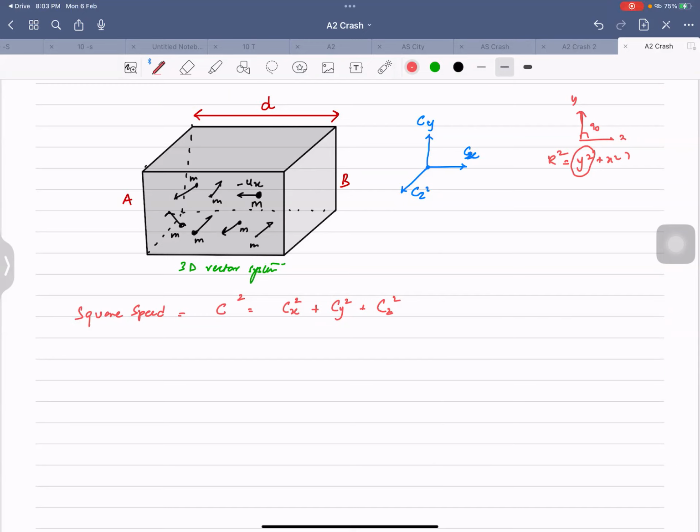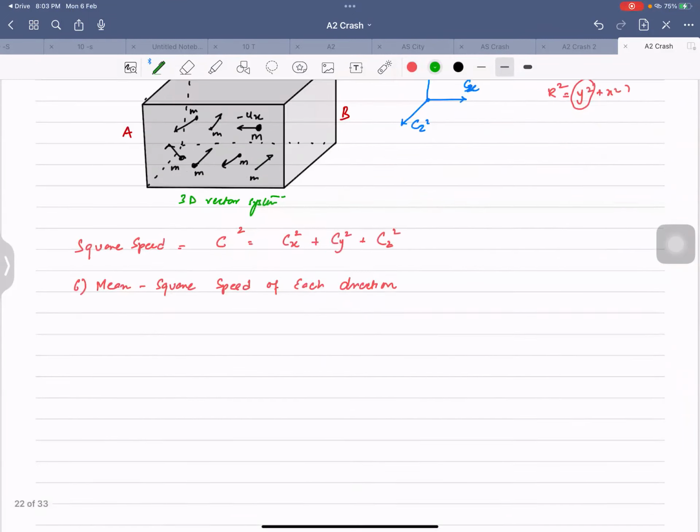So this c squared is for just one particle, but if I want to find it for all the particles, I can find the mean of square speeds of each direction. Now, let me just explain it this way. How do we find the mean?